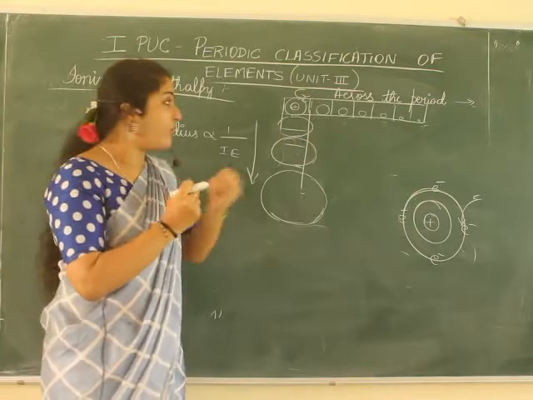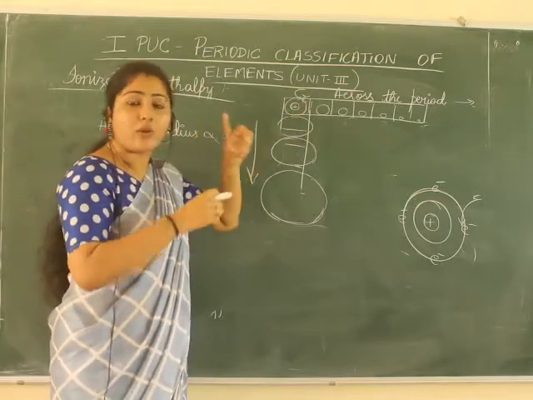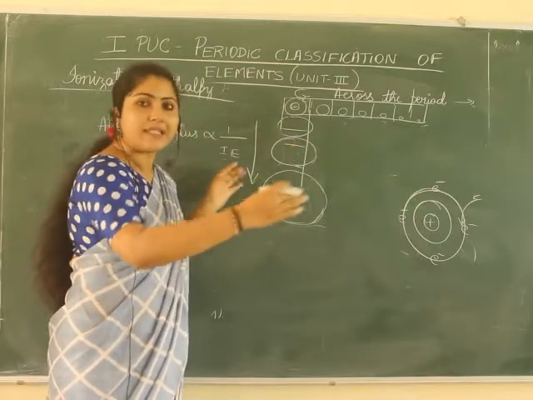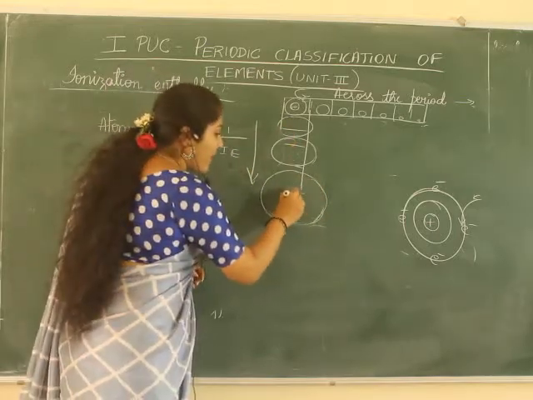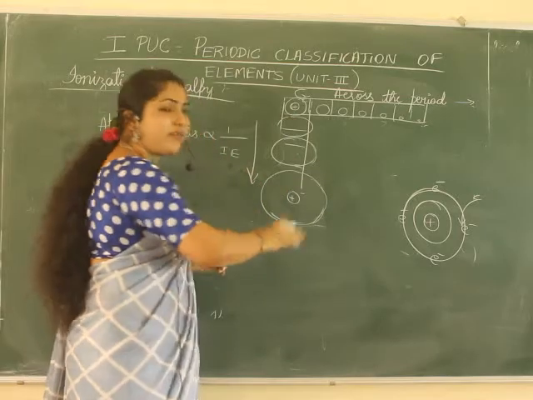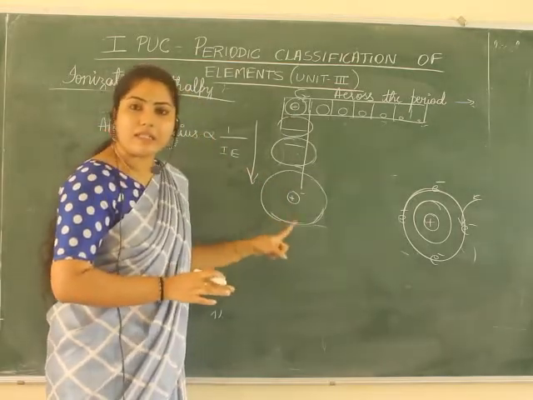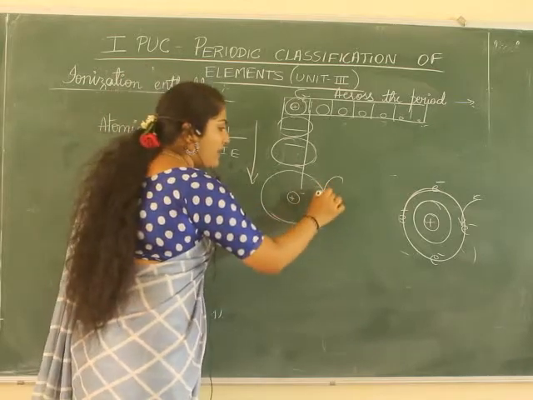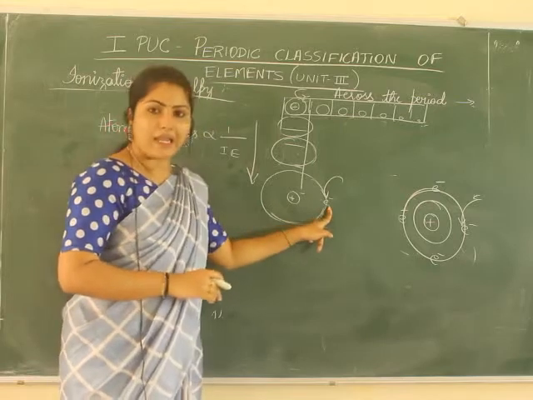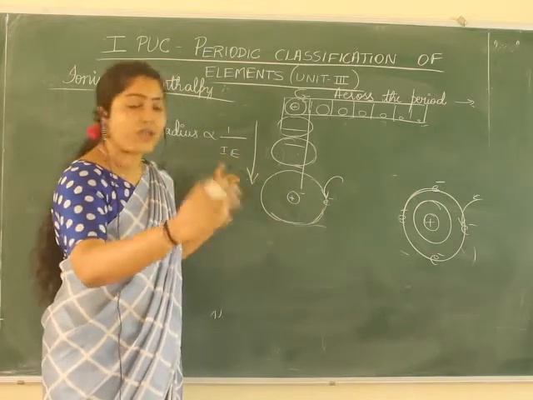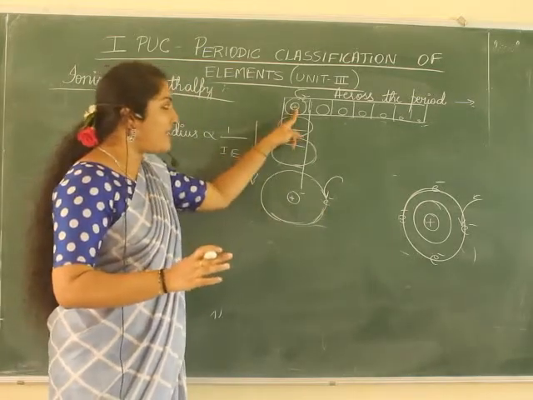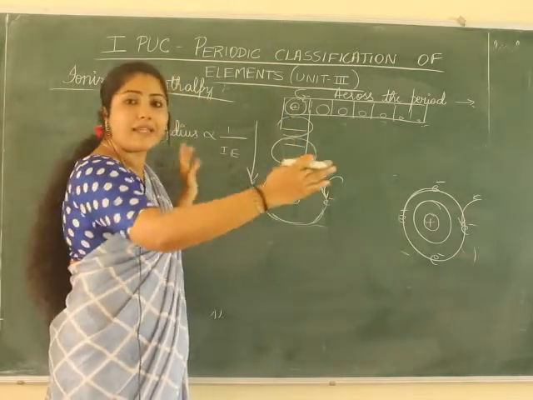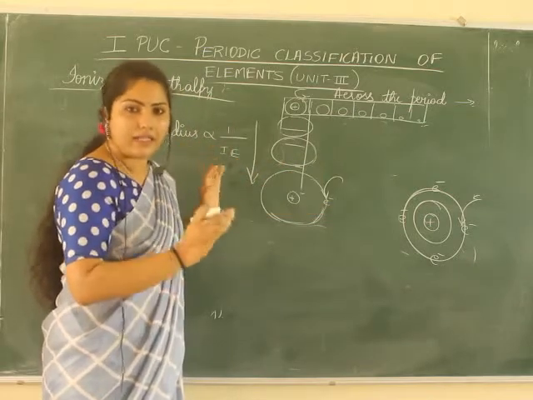So it is difficult to remove the electron, and you need high ionization energy. Whereas as you go down the group, size is increasing. So the nucleus is somewhere here and the outermost electron is far from the nucleus. Whether it is easy or difficult to remove the electron, it's easy. Why? You need a smaller amount of energy to remove the electron because the size is large. So understand, when the atomic size decreases, ionization energy increases. When atomic size increases, ionization energy decreases.